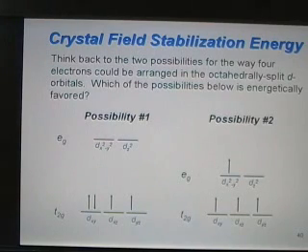The second possibility is to put the 4 electrons in their own individual orbitals, 3 in the T2G, 1 in the EG, leading to 4 unpaired electrons. Now, we need to think, which of these possibilities is energetically favorable? Because there's really 2 possibilities here, but one must be favored over the other.